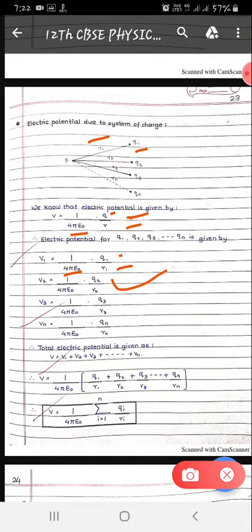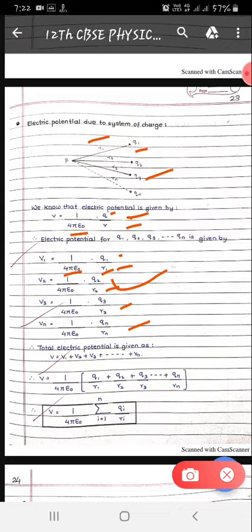Similarly, V2 is equal to 1 upon 4 pi epsilon naught Q2 upon R2, V3 is equal to 1 upon 4 pi epsilon naught Q3 upon R3, and Vn is equal to 1 upon 4 pi epsilon naught Qn upon Rn.